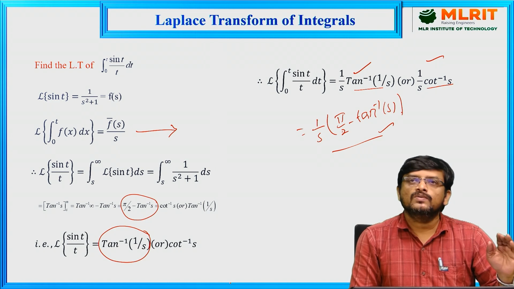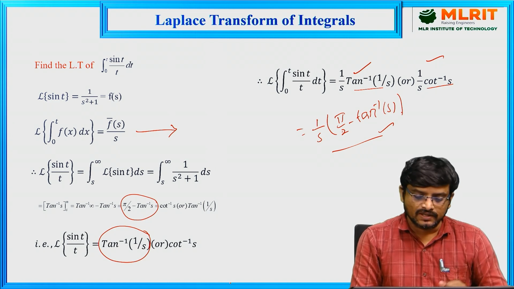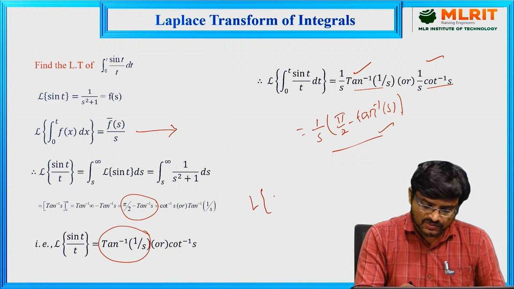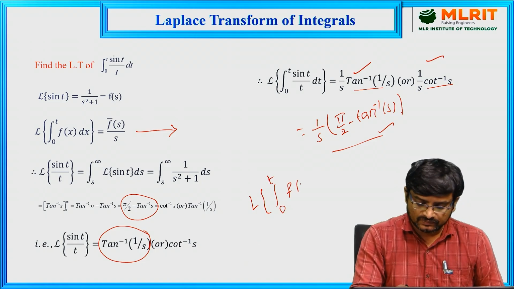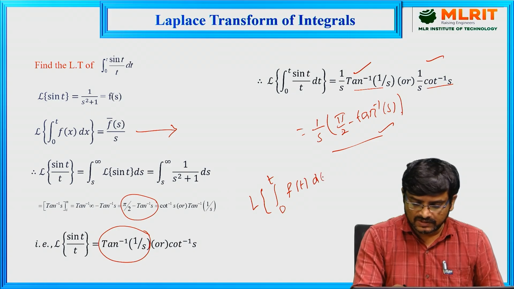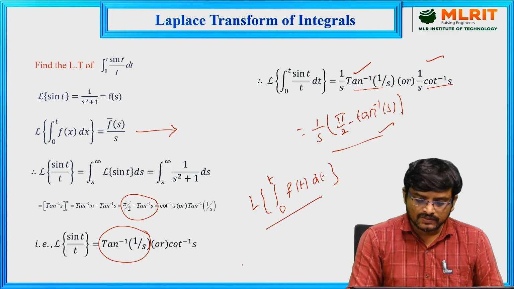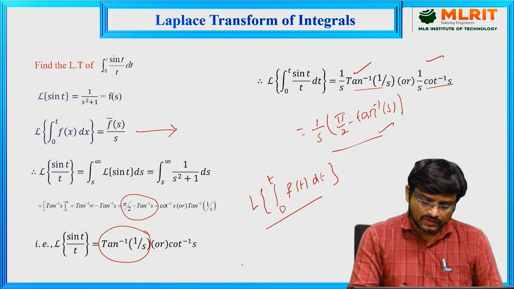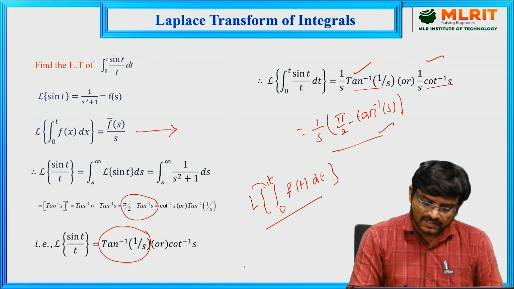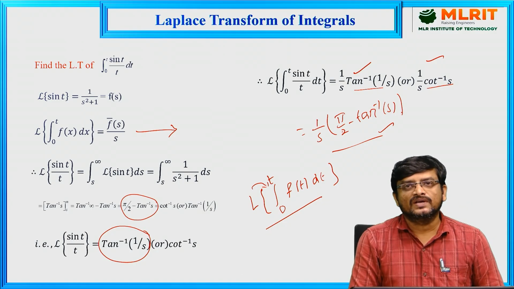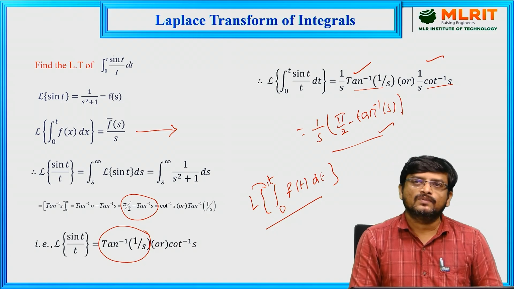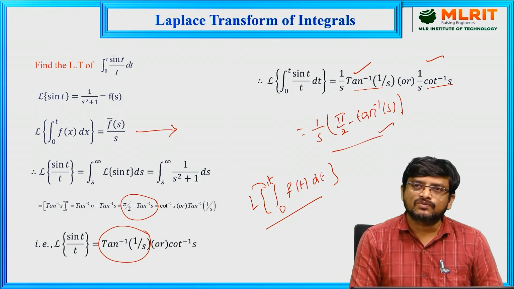Whenever we want to apply the Laplace transform of integral, inside the Laplace transform we must have an integral 0 to t form with some function and integration with respect to t. So this is our standard formula. If we have this integral 0 to t inside the Laplace transform, then we can go for the Laplace transform of integral, apply this formula, and find out that Laplace transform value.